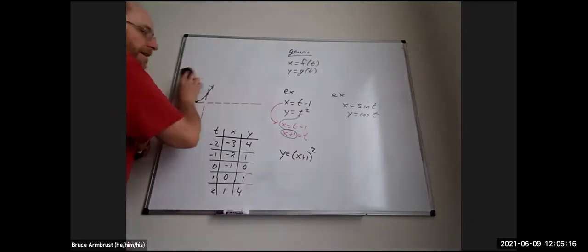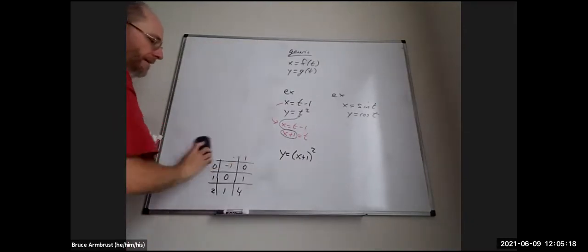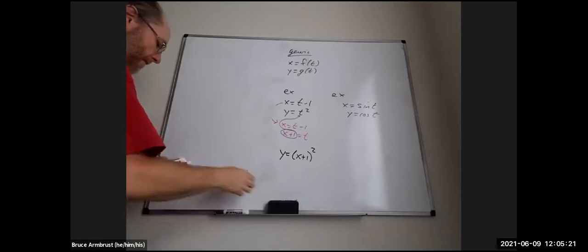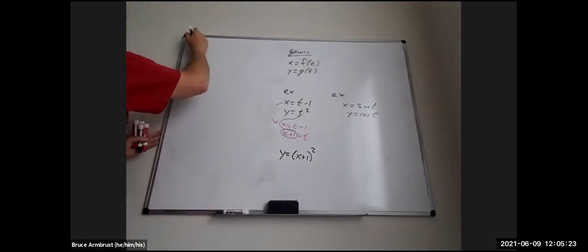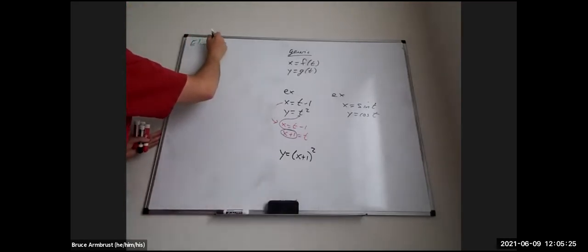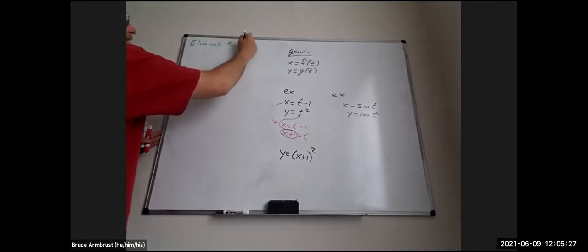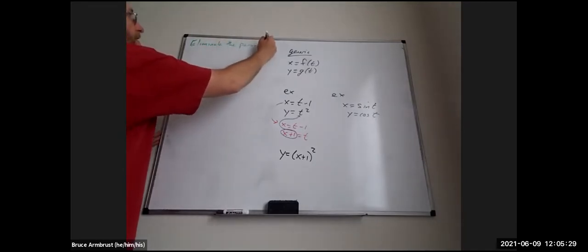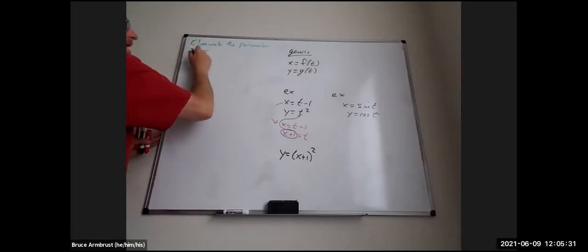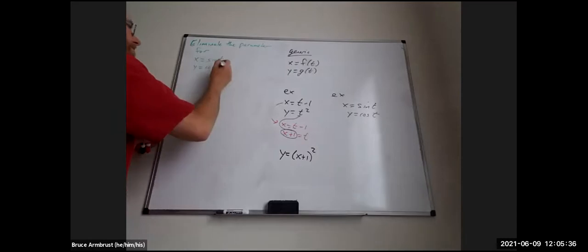So I'm going to bring that over here to get it a little bit out of the glare. So let's look at this one. So we're going to eliminate the parameter for x equals sine of t and y equals cosine of t.